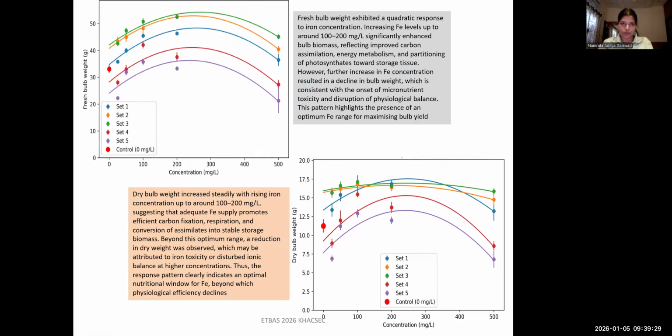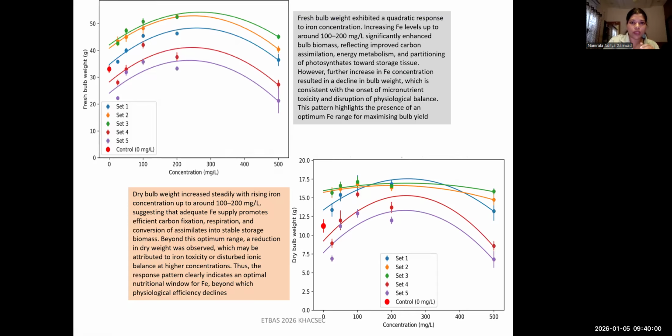Next, it is about fresh bulb weight and dry bulb weight. We can see the nature as a curve, where we can say that the 100 and 200 mg per liter concentration has improved the bulb biomass. It is reflecting improved energy, metabolism and partitioning.